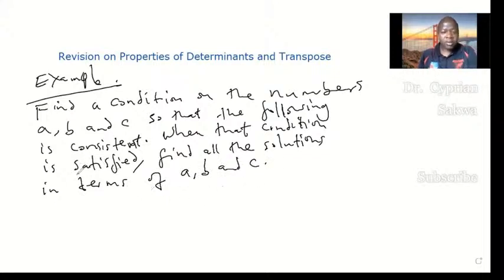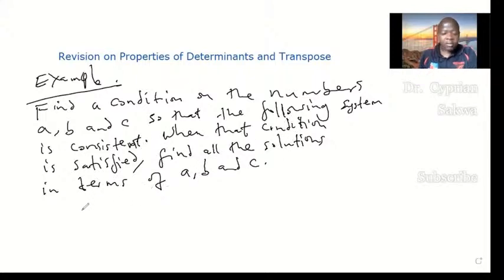So the question is, find a condition on the numbers a, b, c so that the following system is consistent. When that condition is satisfied, find all the solutions in terms of a, b, c.